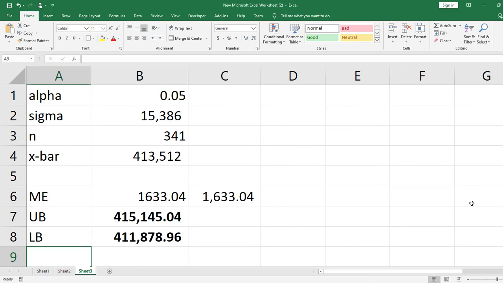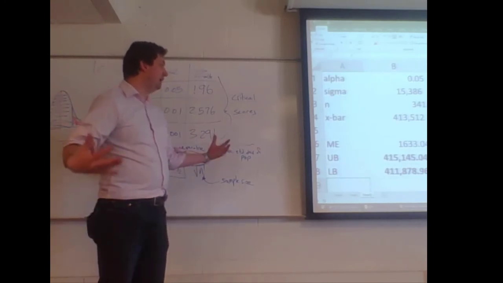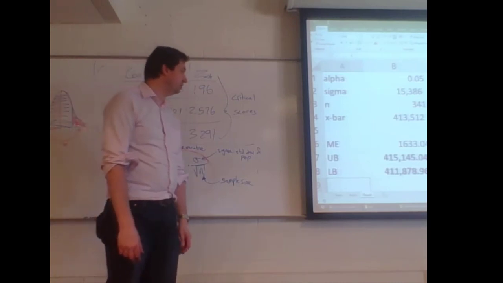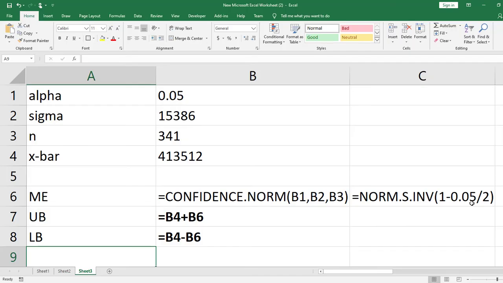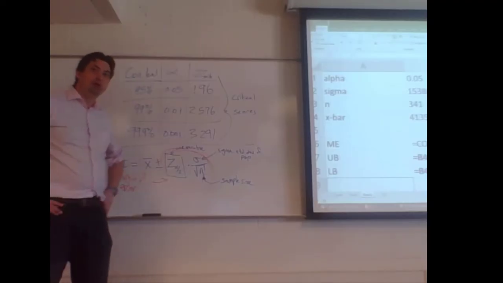And you got a result of this. Did everyone get this result? About 415,000 and 411,000. Could you show me how you got LB? LB is basically the same as UB. Remember, it's just add and subtract. The way that Excel is built, it doesn't like outputting two numbers.